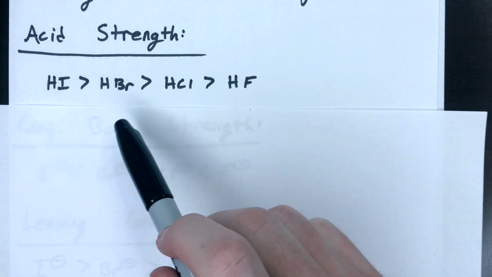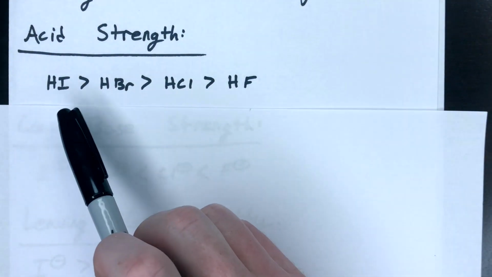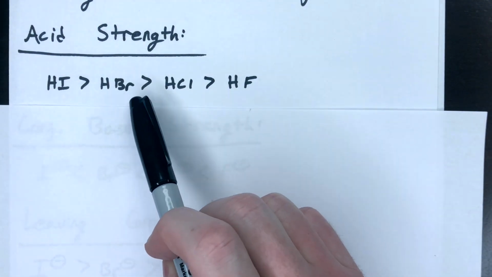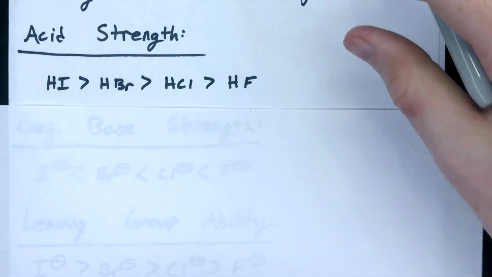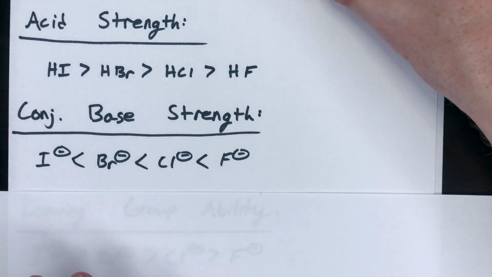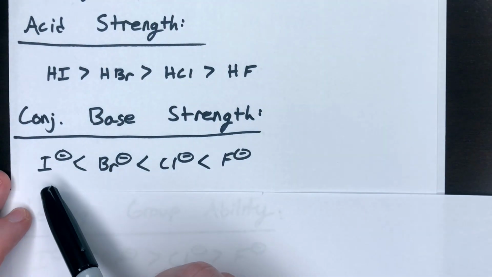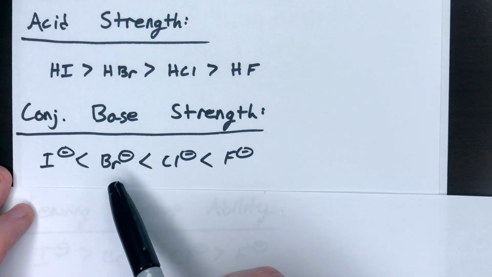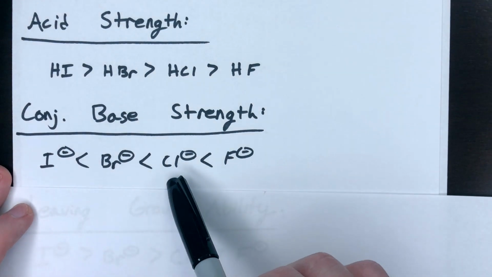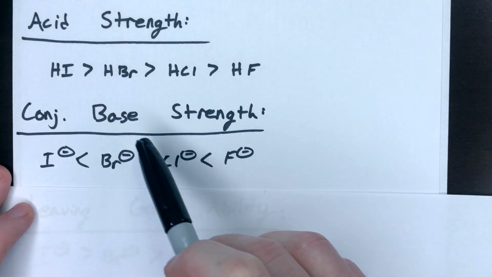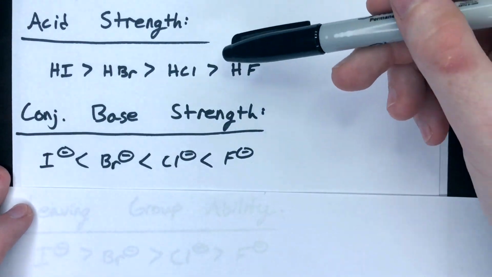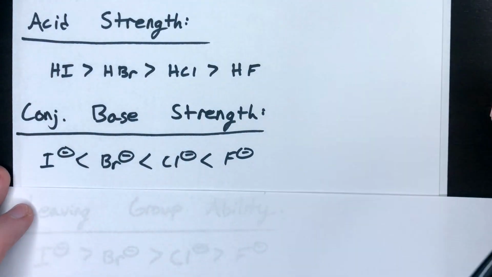Since this is the acid strength, then we know that its conjugate base, the I-, Br-, and so on, would be the inverse relationship. So what I mean specifically is the iodide is a worse base than the bromide, which is worse still than chloride, based on the inverse relationship between this acid strength and the conjugate base strength.